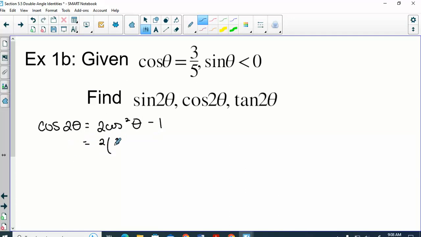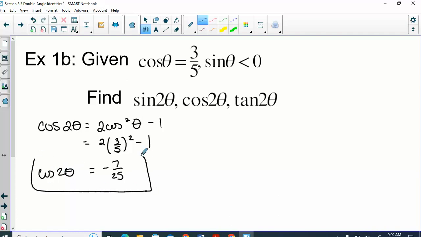Cosine theta was 3/5, squared, minus 1. So, what do you get? Cosine 2 theta is negative 7 over 25.